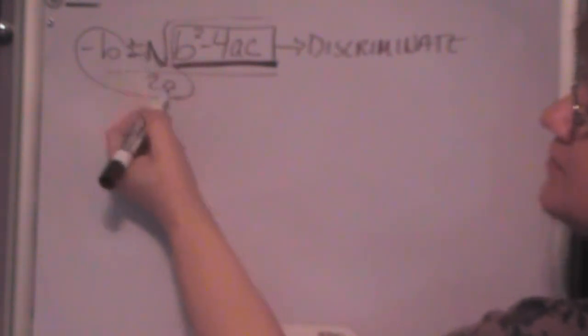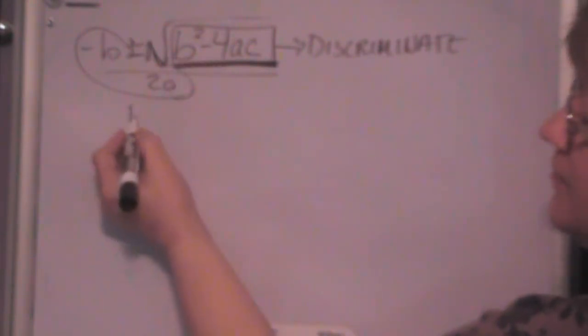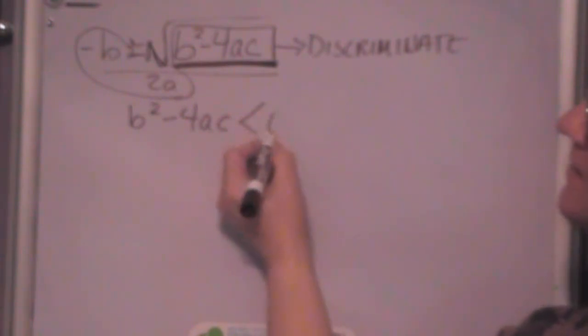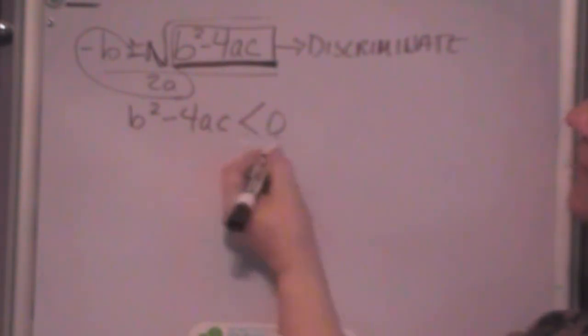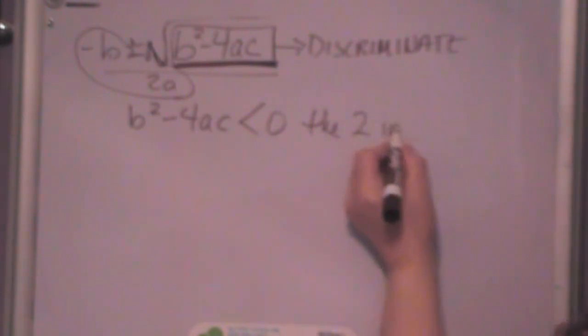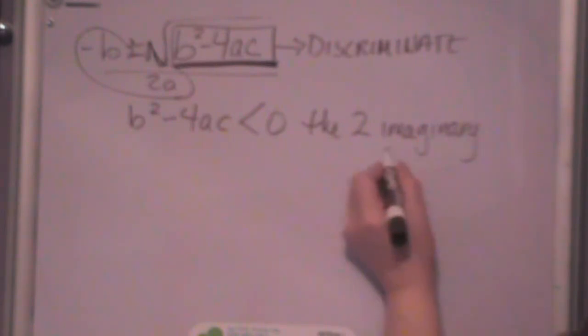And the only difference is it's plus or minus. So if b squared minus 4ac is less than 0, which is saying that it's negative, then two imaginary roots.